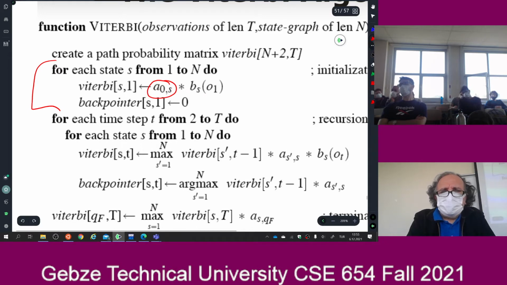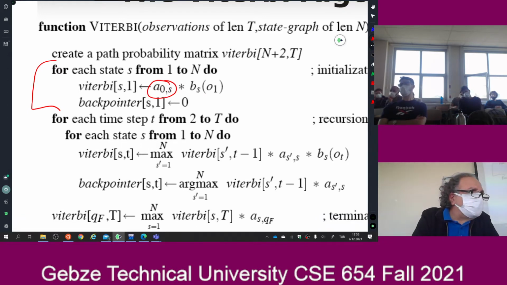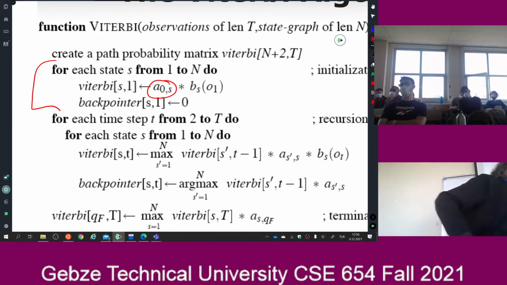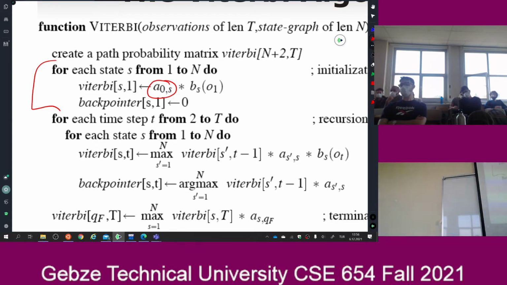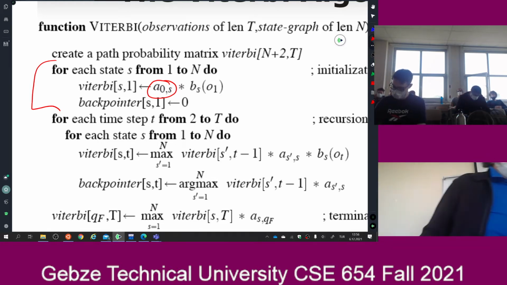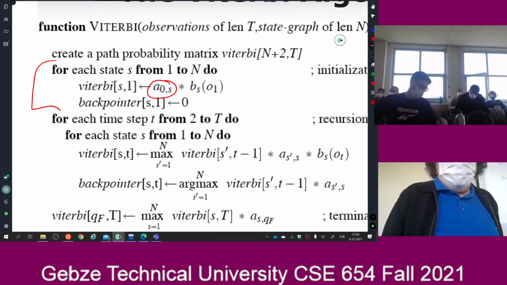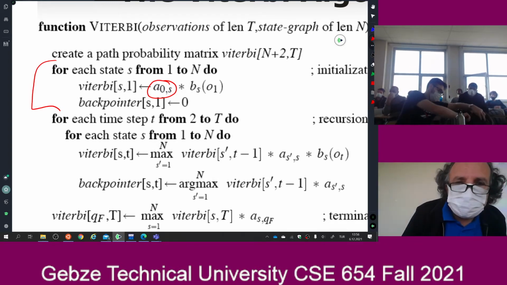What does that say? A0S. The probability of a sentence starting with a tag. Yes. So, what is the probability of a sentence starting with a verb, with a noun, with a pronoun, etc.? Those are the values.